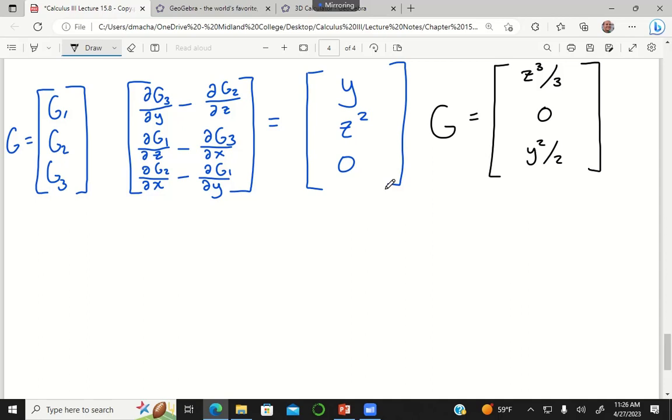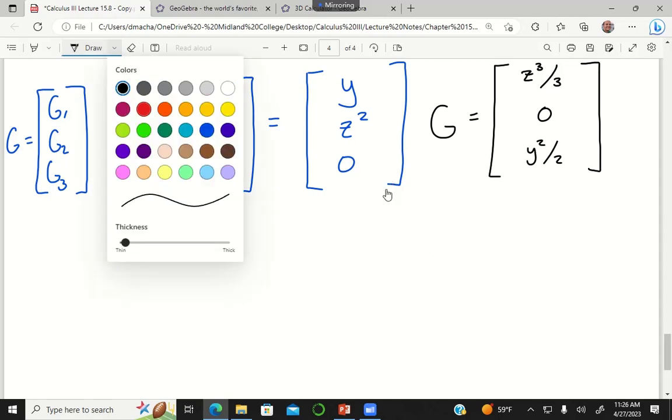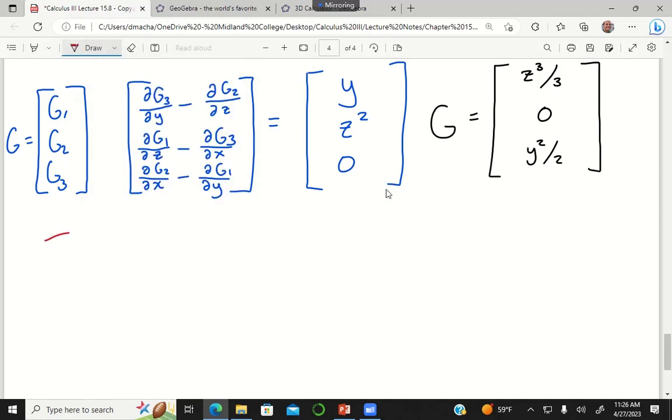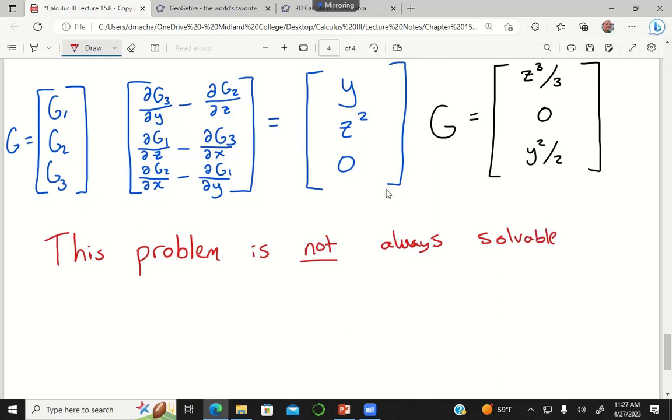Yeah, and this problem, I'm going to take a little aside here because I think it's neat, but this problem of finding a vector g such that the curl of g is equal to a vector f is not always solvable for every vector field f.